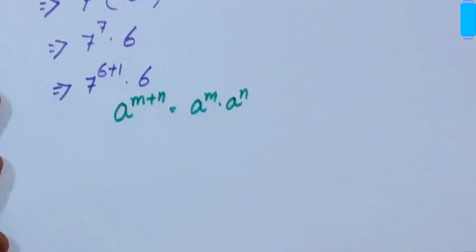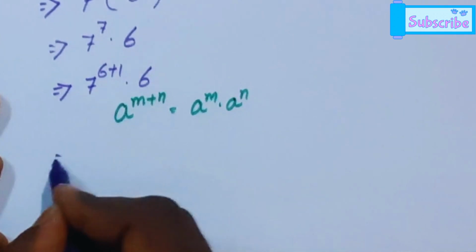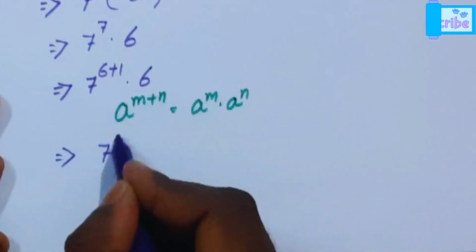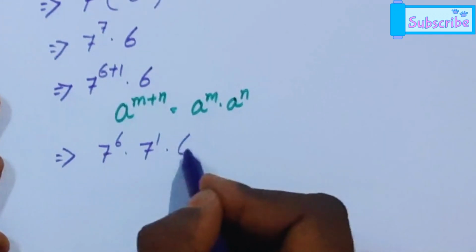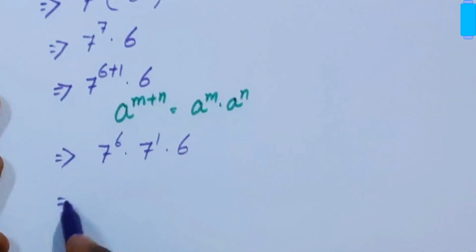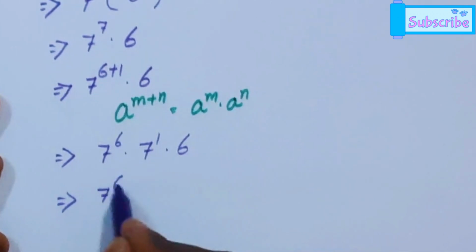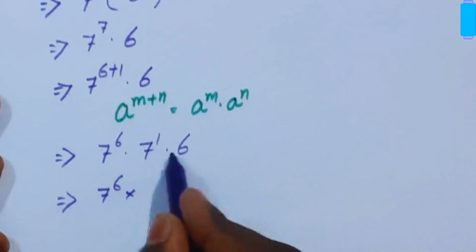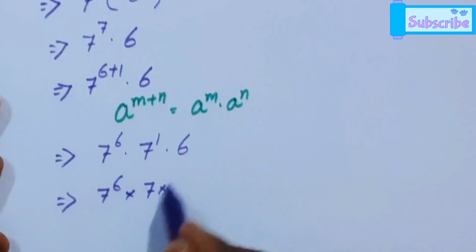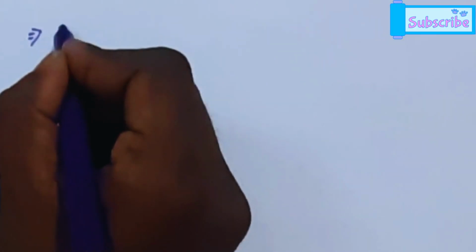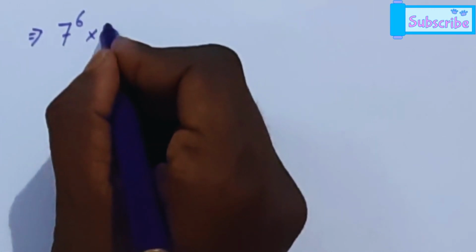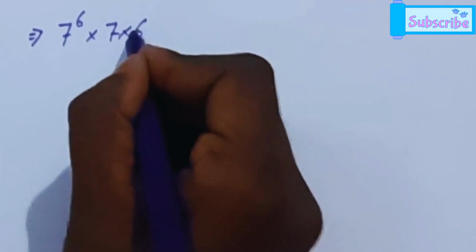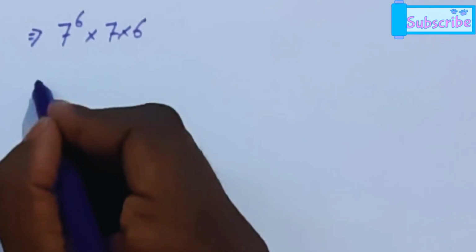So 7 power 6 times 7 power 1 times 6. Here 7 power 6 times this 7 times 6. Now 7 times 6 can be written as 42.